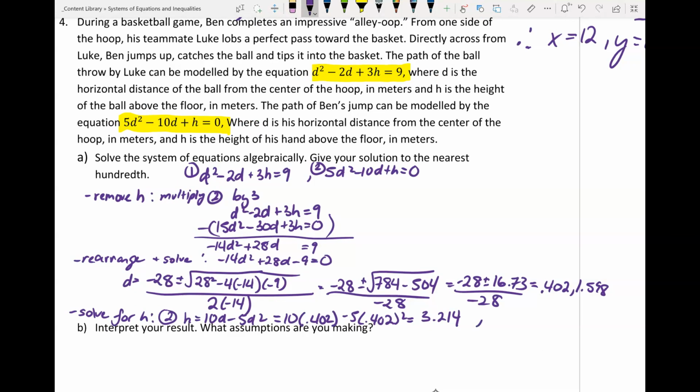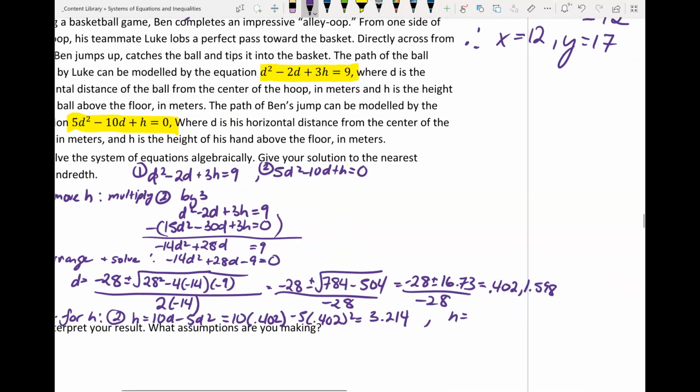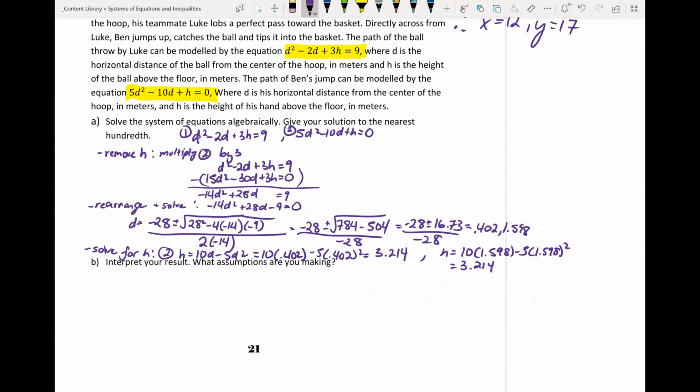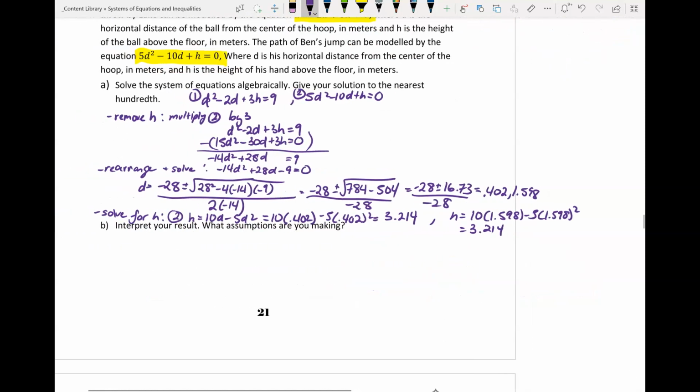And then we can do it again for 1.598, and we're going to get the same value. So our final answer then is d is 0.402, 1.598 meters, and h is always going to be 3.214 meters.